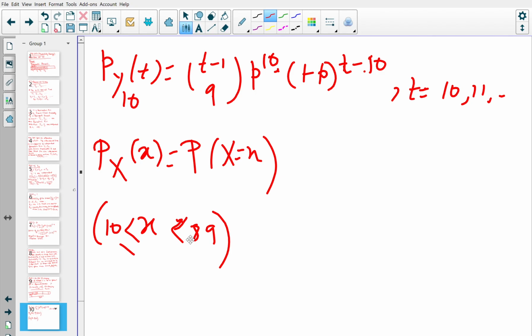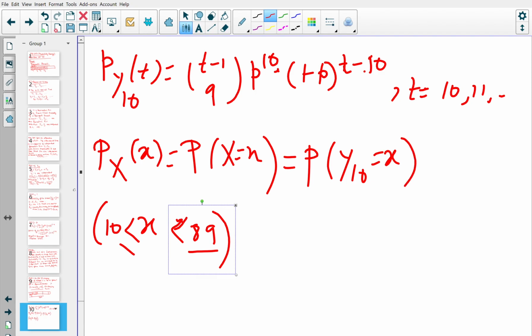In this case, the probability that X equals x: when x equals 89, the player goes out of the game. That means the last, 10th foul comes at this time, right? So this is the probability that Y10 happened at time x.